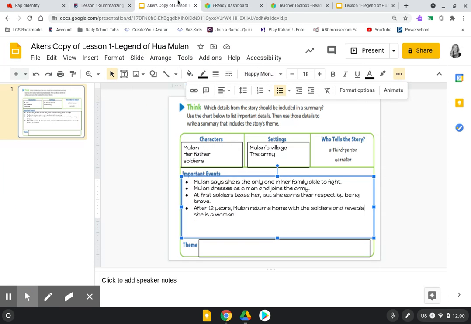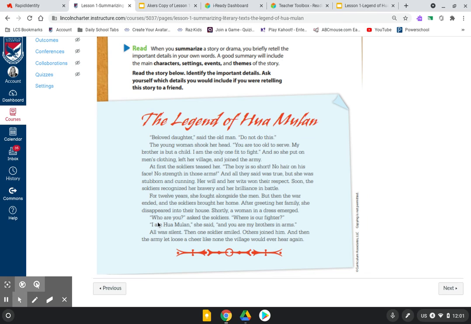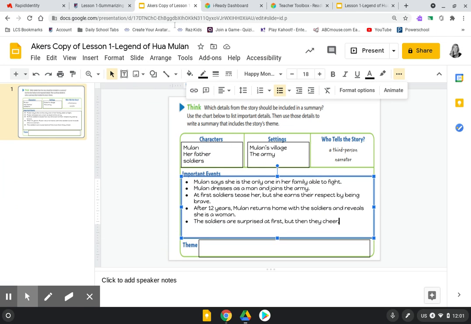So next detail: after 12 years, Mulan returns home with the soldiers and reveals she is a woman. And of course, their reaction was quite interesting. Once the soldiers realized who she was, they asked who she was. They were a little bit quiet at first, and then they all smiled and cheered for her. So the soldiers are surprised at first, but then they cheer.